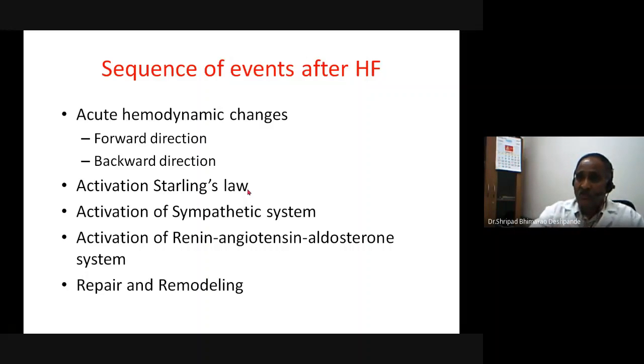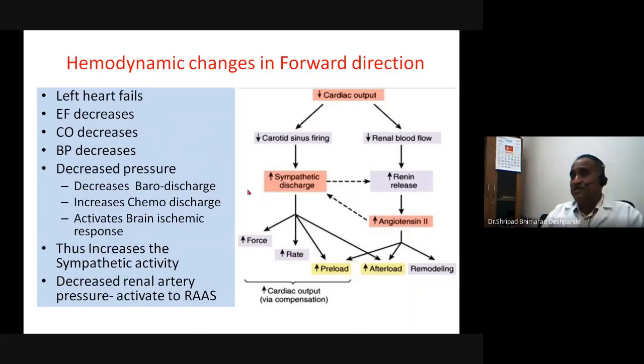Now, let us go to the hemodynamic changes in the forward direction. Consider the left heart fails. When the left heart fails, the ejection fraction decreases. The decreased ejection fraction or stroke volume decreases the cardiac output.